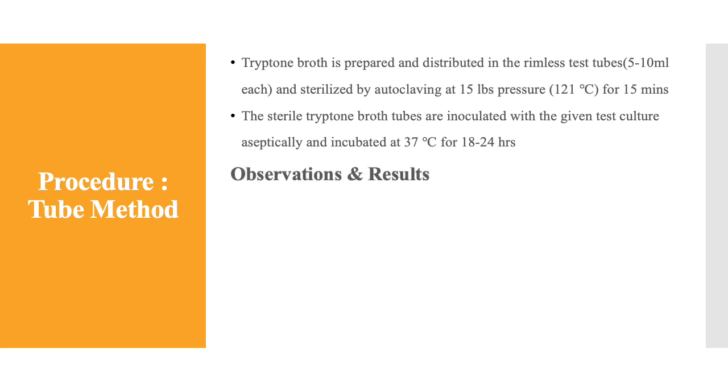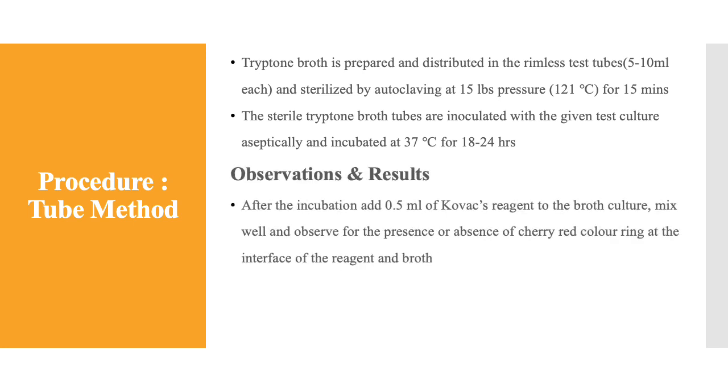After the incubation is over, you add 0.5 ml of Kovacs reagent to the broth culture. Mix well and observe for the presence or absence of a cherry red color ring at the interface of the reagent and broth. If you get a cherry red color ring at the top of the broth, that means the indole test is positive.